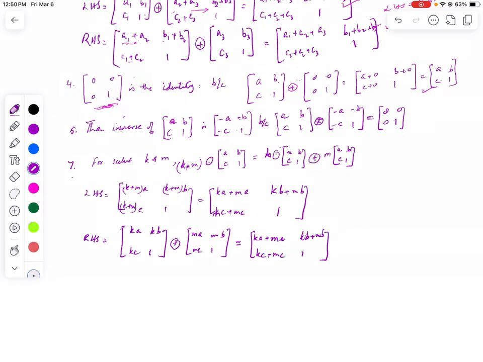You notice that these two are the same. We say left hand side equal to right hand side. So that is checked.